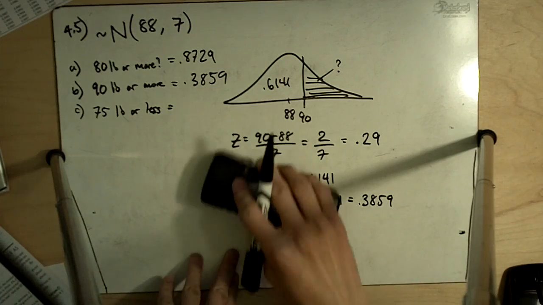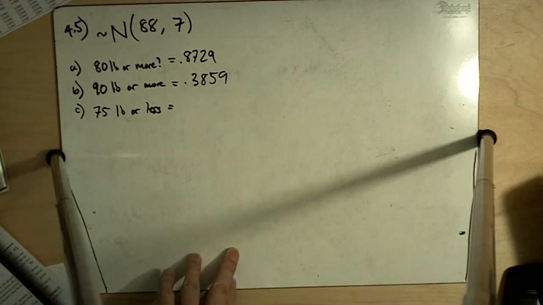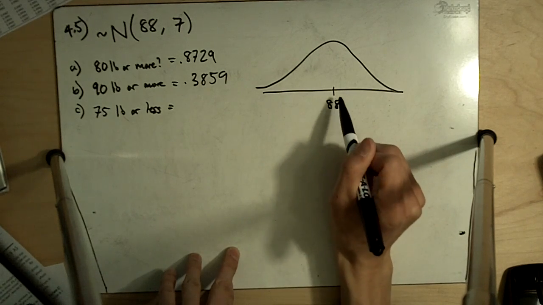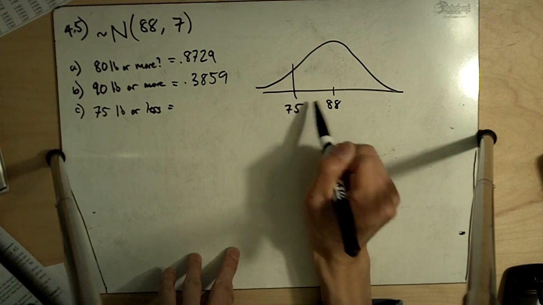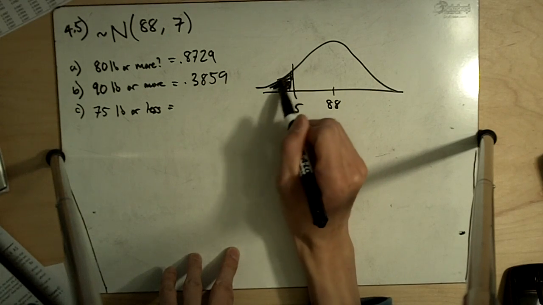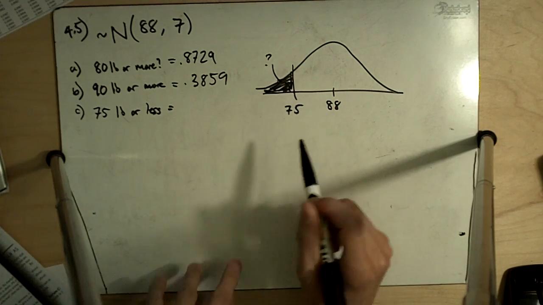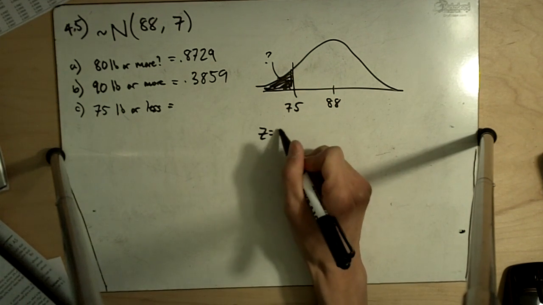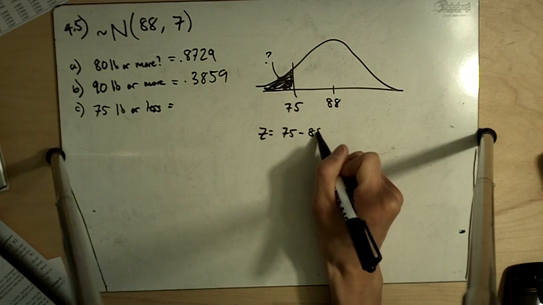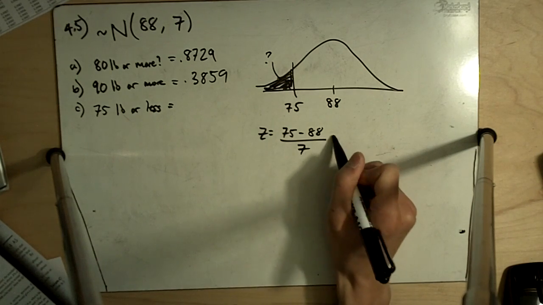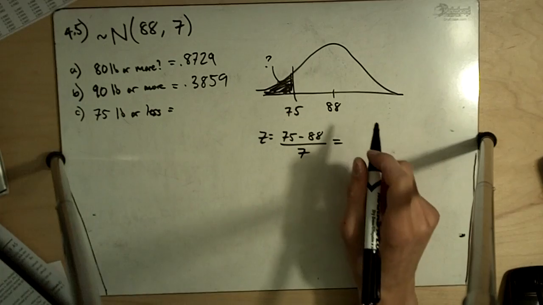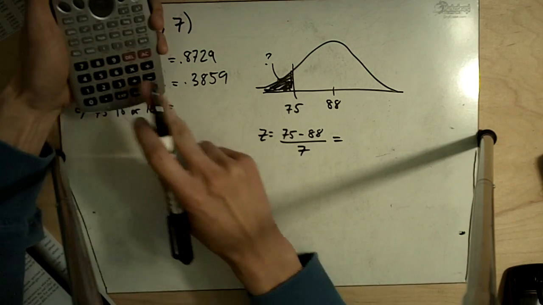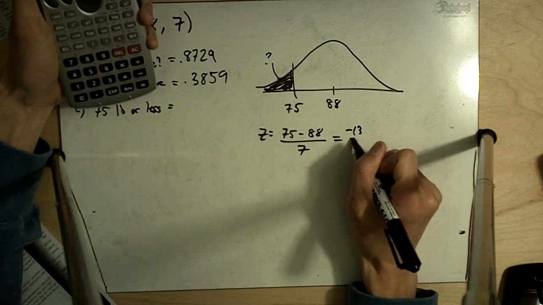Okay, so let me just redraw our picture. Centered at 88, we're down at 75 pounds, and we want to know what's over here, 75 pounds or less. So, same as always, 75 minus 88 divided by 7. And we have 75 minus 88, negative 13 over 7.